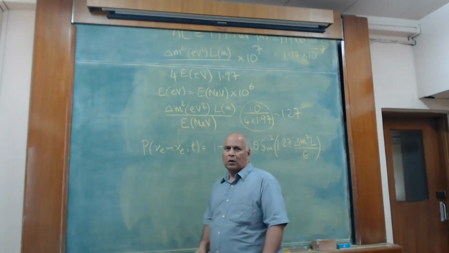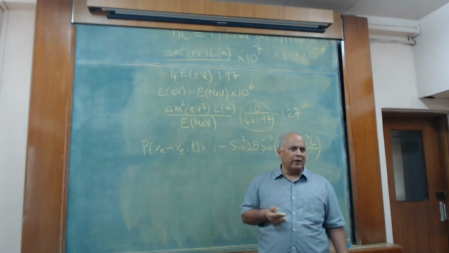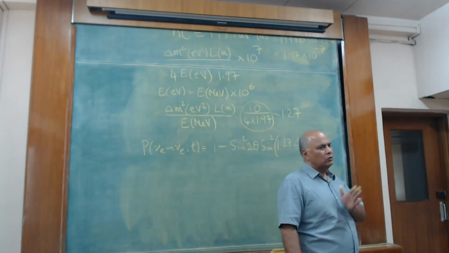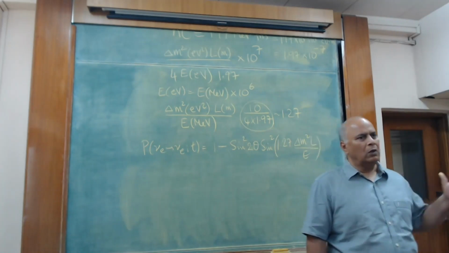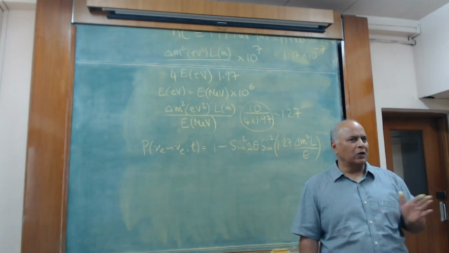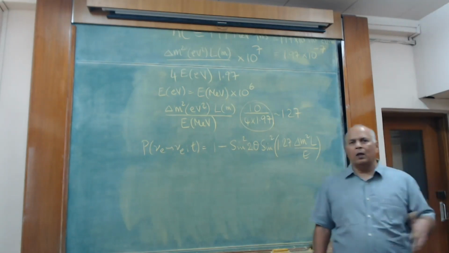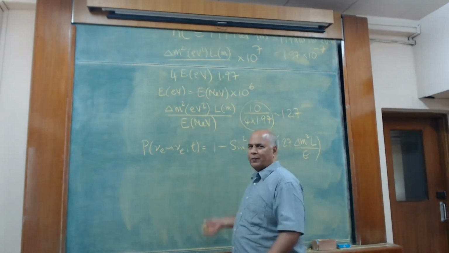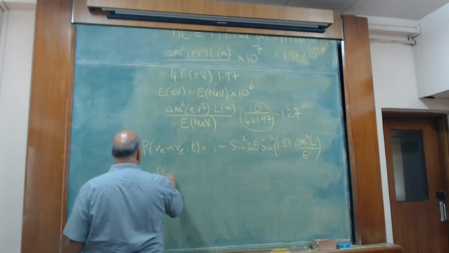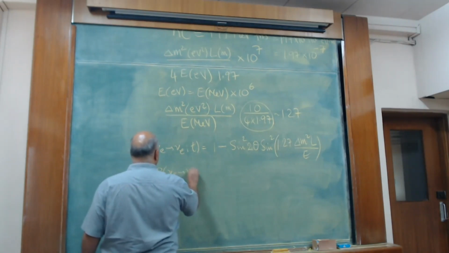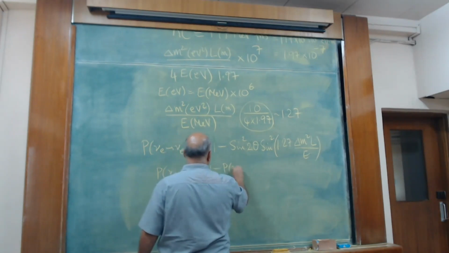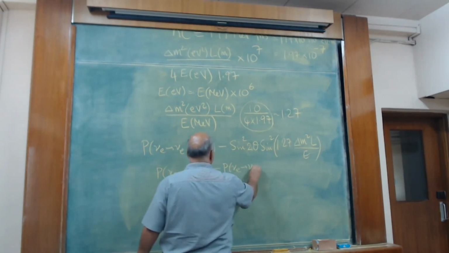And we can define 4 probabilities: electron neutrino to remain electron neutrino, electron neutrino to go into muon neutrino, muon neutrino to go into electron neutrino, and muon neutrino to remain muon neutrino. But because of probability conservation, we find that P mu e to mu e is equal to 1 minus P mu e to mu mu.